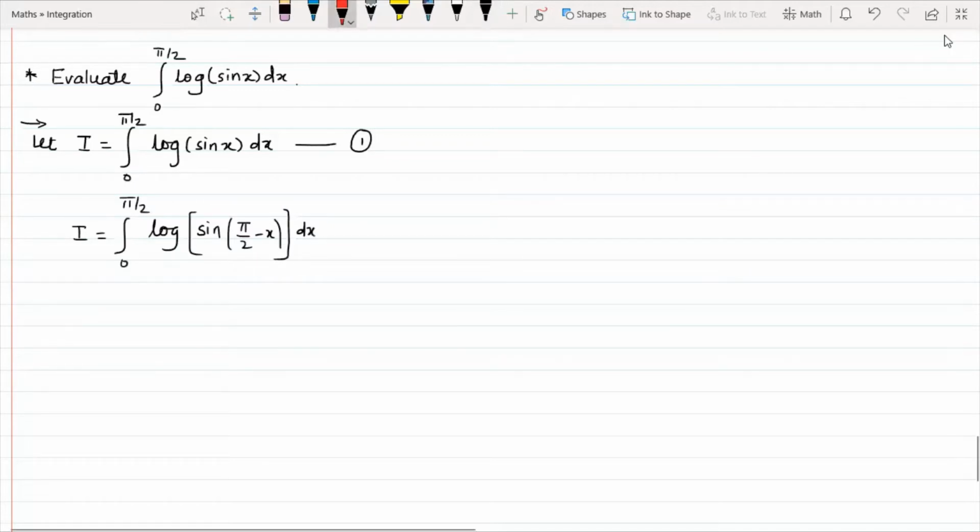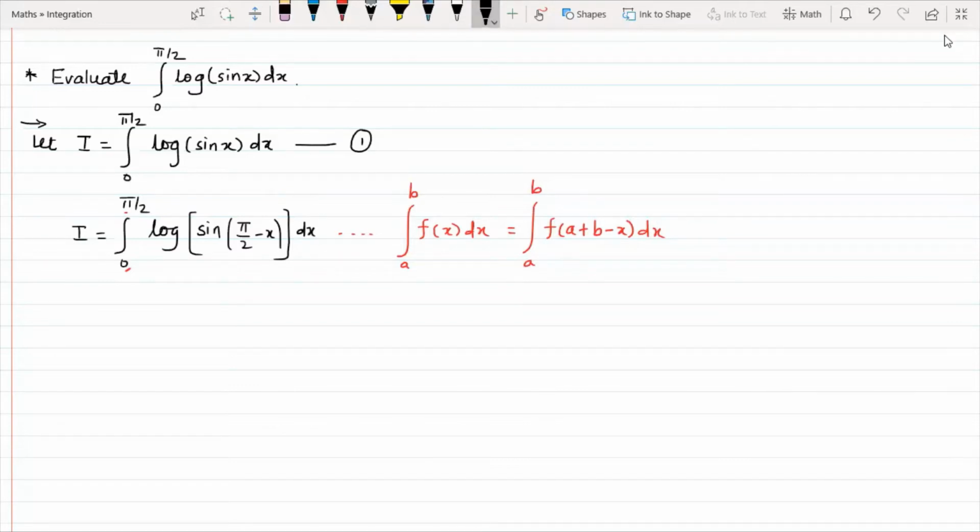Here I have applied a property from definite integration, and that is the integration of f of x dx for limits a to b can be written as the integration of f of a plus b minus x dx from a to b. So if you observe, this is a plus b, that means these limits I have added. So 0 plus pi by 2 becomes pi by 2. It becomes log of sin of pi by 2 minus x dx.